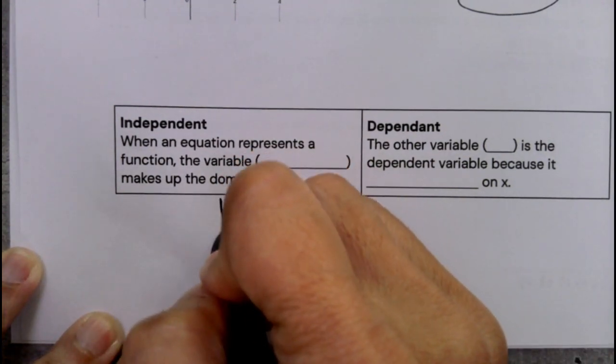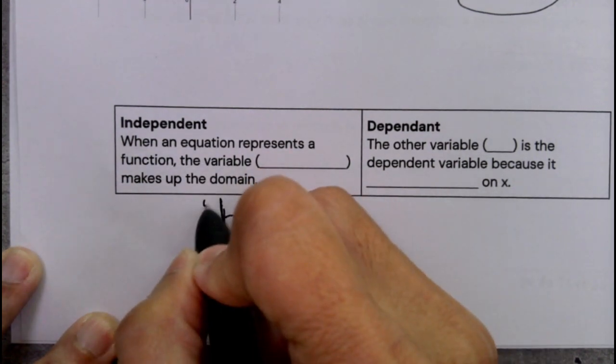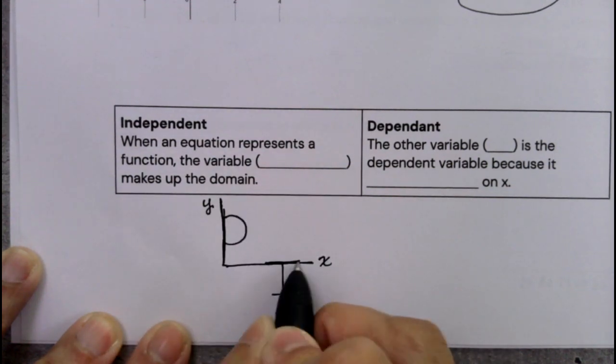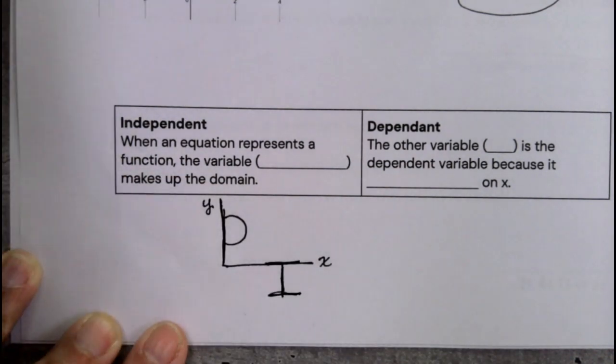So here we have an x and a y axis. This is the x-axis. This is the y-axis. The independent variable is the x.